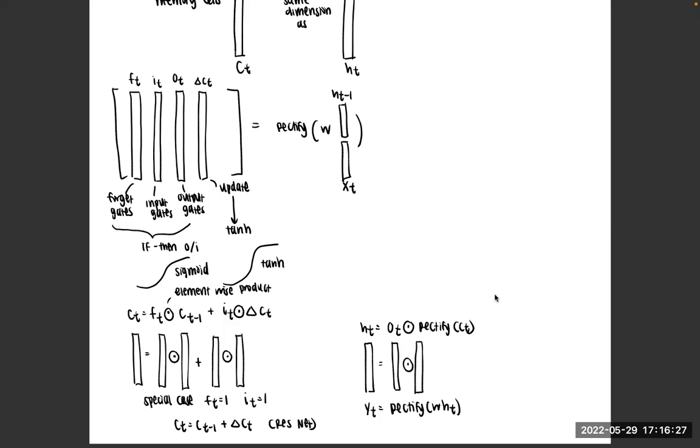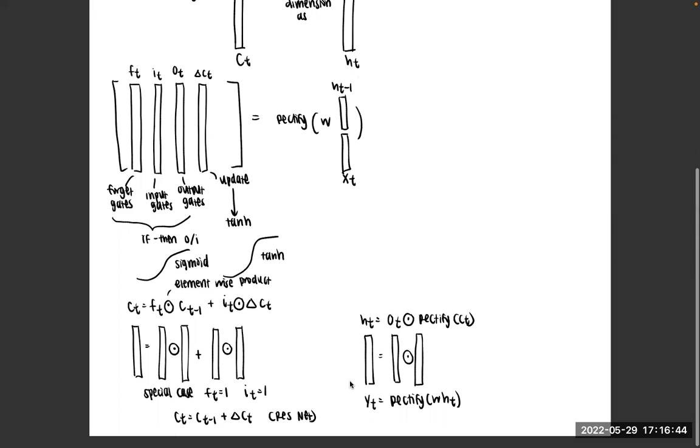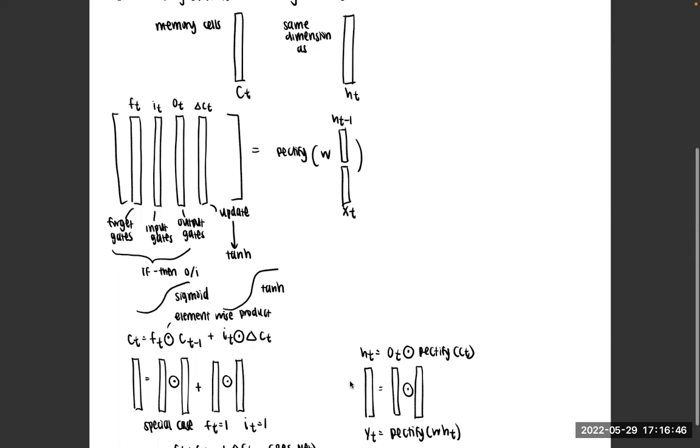But in any case, you can do whatever you feel is appropriate. But here is the key idea. And after that, we have the same as before: YT is a rectification of W times HT, a different W, of course. So if you look at this network, you still have HT minus 1 and XT as an input, right?